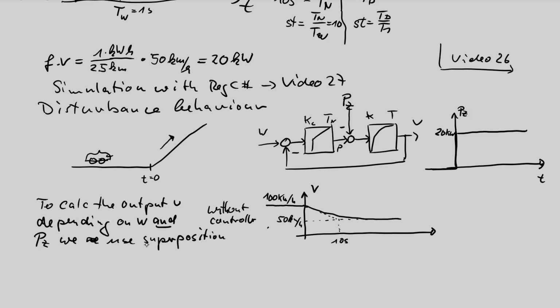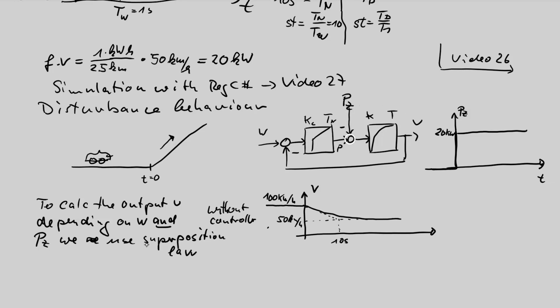Superposition Law. If your system is linear, then 2 principles are valid. It's first the superposition law, and second the principle of amplification. Here the superposition law is good, so we can calculate the output of this system V as a sum of the input power disturbance, if the other is 0, plus the input of this, if this is 0. So we can calculate 2 different reactions.